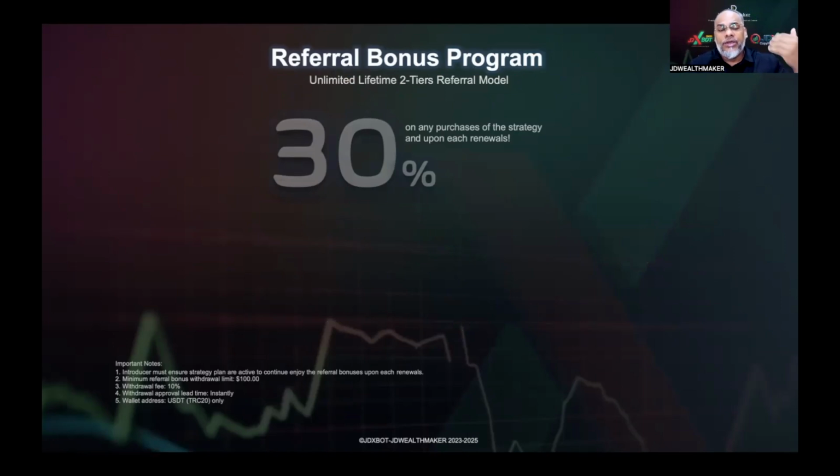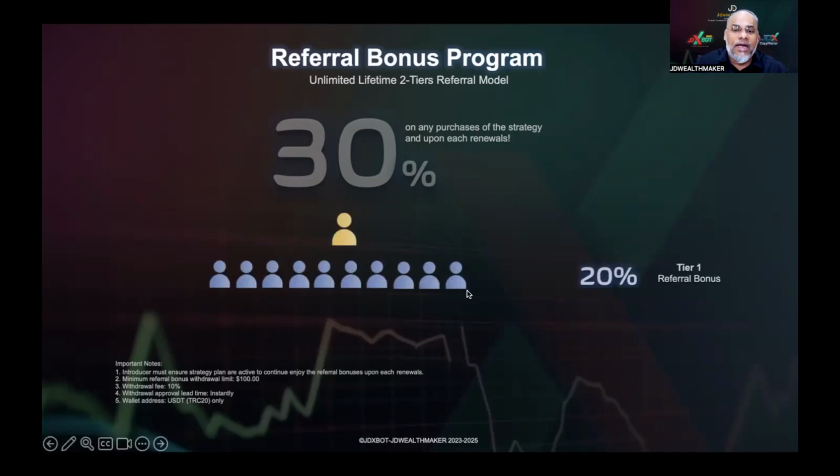So if you are happy with JD Expert and you want to share, take advantage of this 30%. At level 1, you will enjoy 20% from anyone directly under you using your referral link who purchases a strategy plan. So let's say someone purchases a 250 strategy plan, you will immediately enjoy the 20%, which is $50.